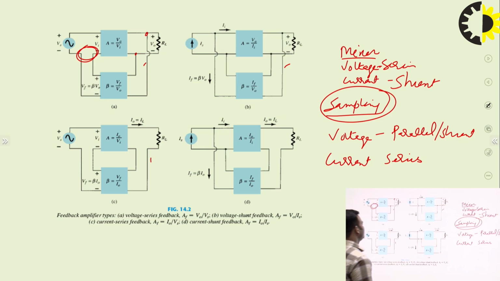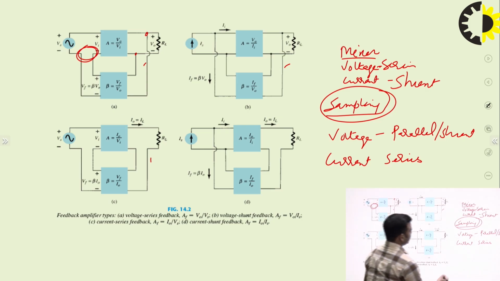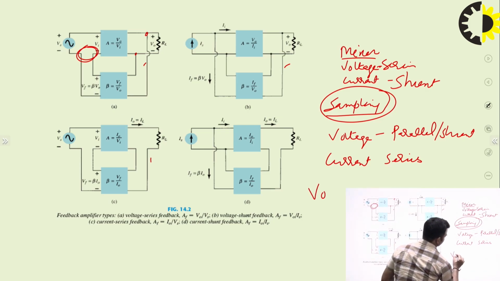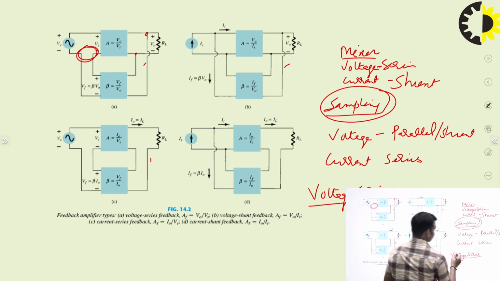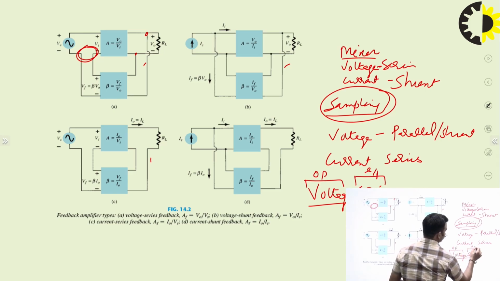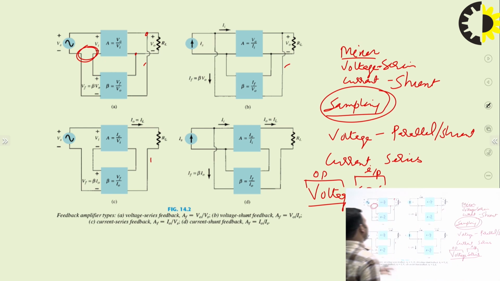For example, if I consider the name voltage series, from the output side there is a voltage and mixing is done in series.